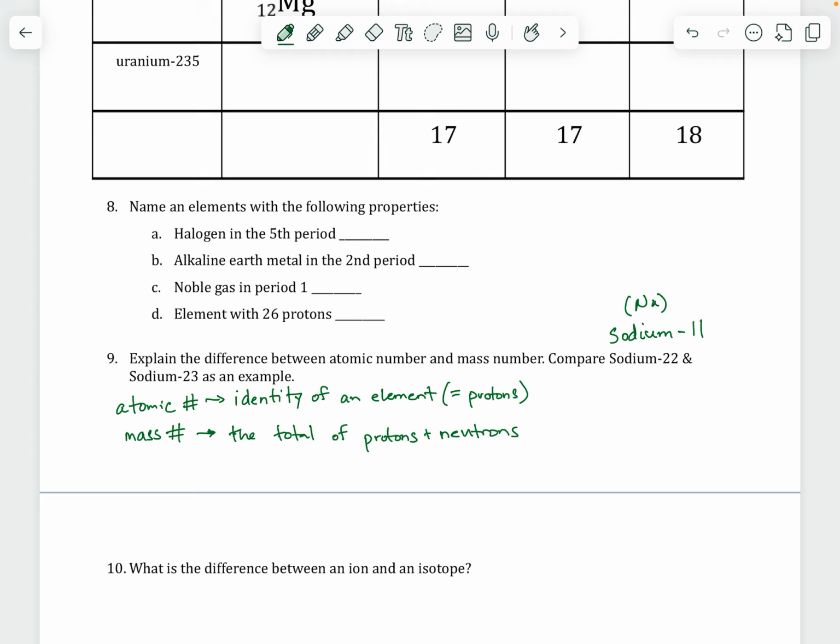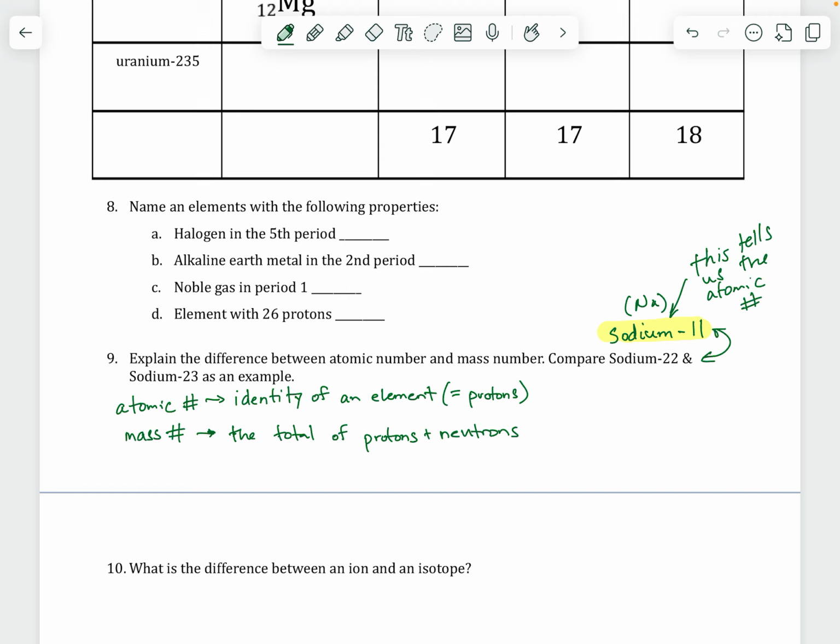And so what we see here is there are two different number values after that hyphen. Well, think about what this first one is saying. This first one is saying that I have sodium 11, which, if we're already stating that it's sodium, tells us the atomic number, right?